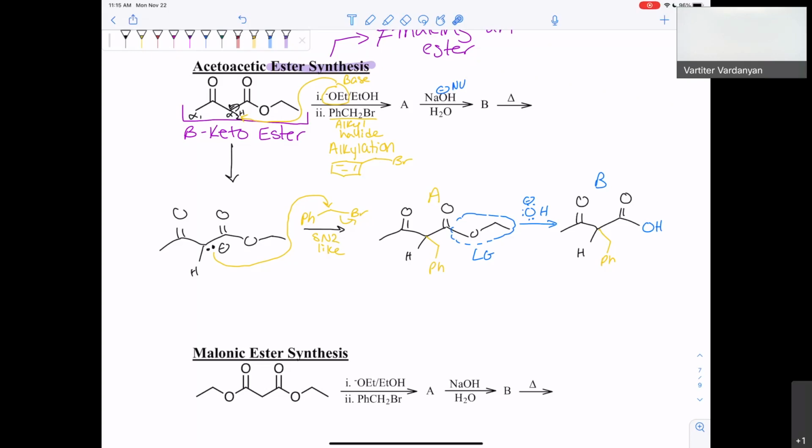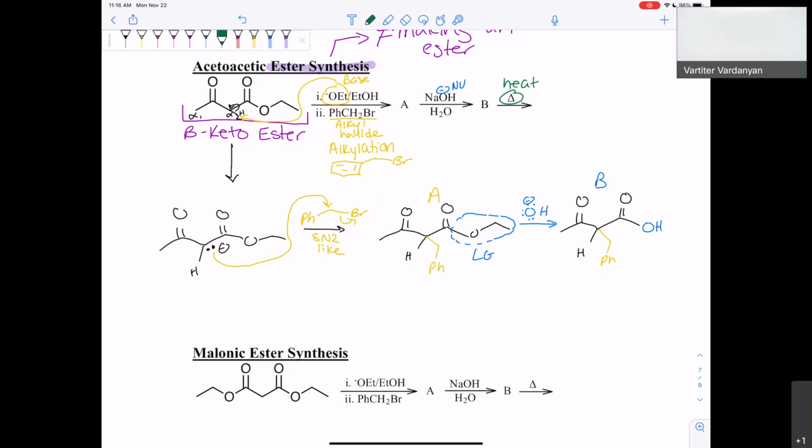So, what is this thing above the last arrow? Heat, okay. And all right, so heat comes up a couple times in Orgo 1. We might have seen it once in Orgo 2 for Diels-Alder. What does heat usually do? Speeds up a reaction.